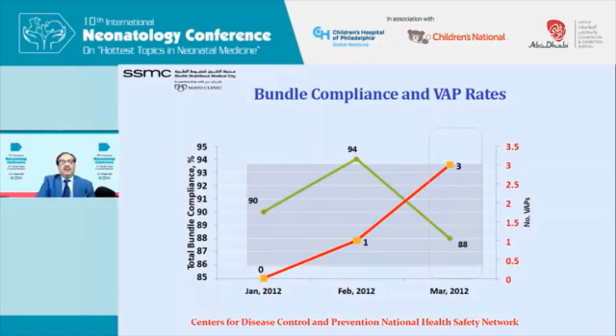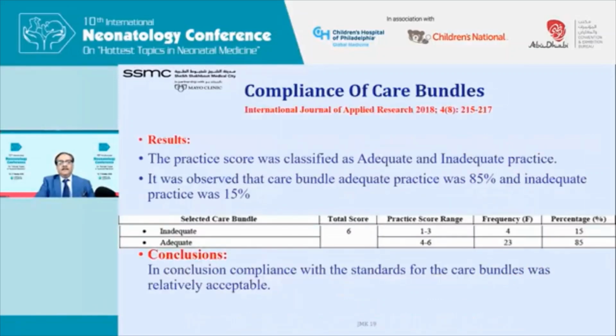So in January 2012 there is zero VAP when there is 90% compliance. There's 94% compliance, but they have one VAP. It can be possible. But look at that. When they drop to 88, the VAP increased to 3 in that National Healthcare Safety Network. So it is a positive correlation between the implementation of the bundles and the compliance.